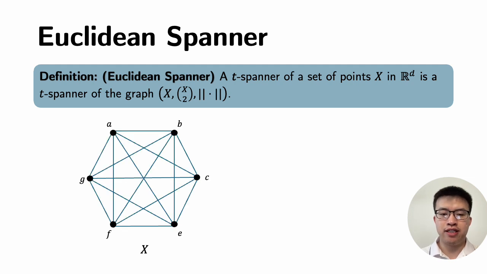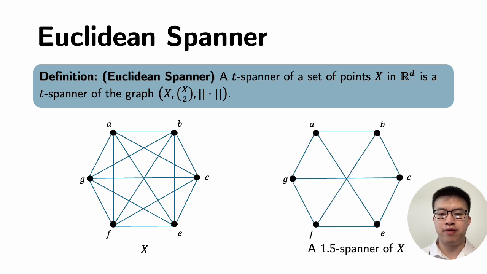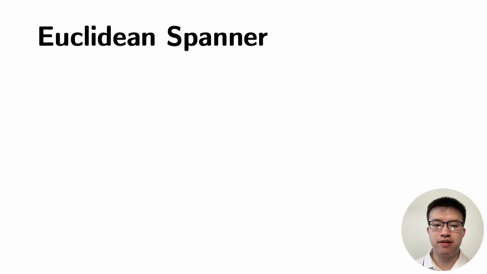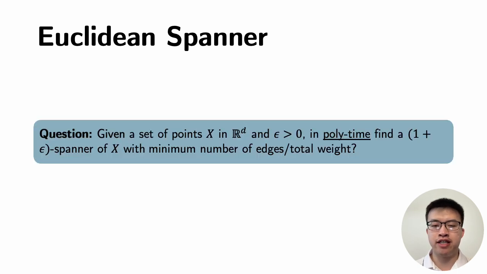In this picture, X is a set of 6 points, and the right picture is a 1.5-spanner of X. So the most popular question when constructing a Euclidean spanner is, given a set of points X and a parameter epsilon, is there any polynomial time algorithm that can find a 1 plus epsilon spanner of X with minimum number of edges or with minimum total weight?